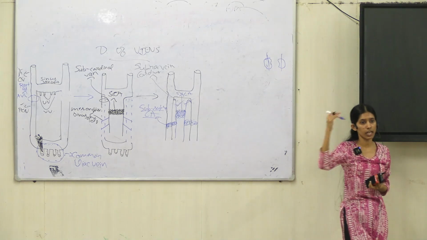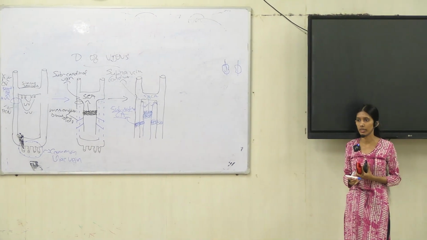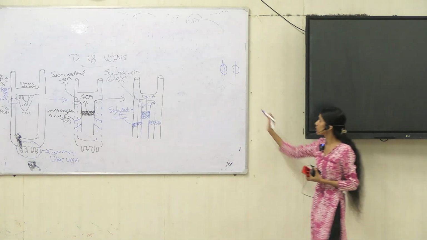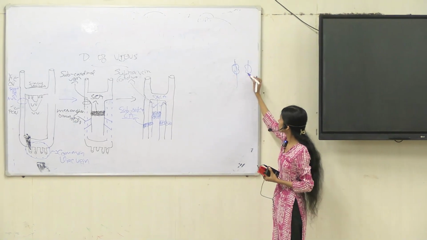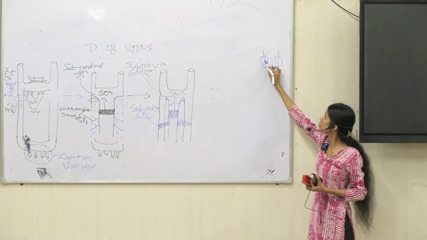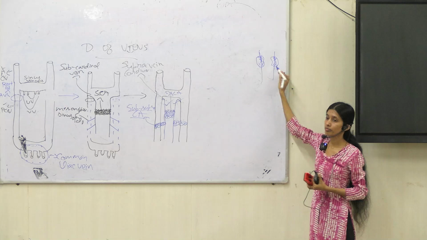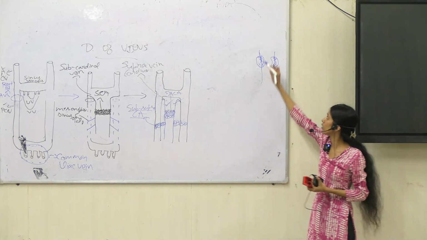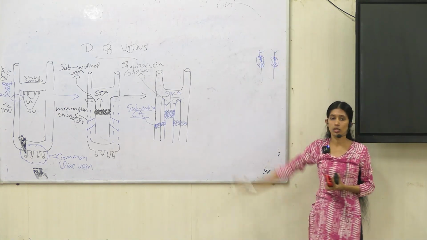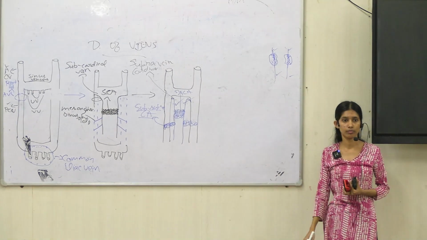Okay, so now the continuity of your supracardinal vein will be disturbed by the development of the kidney. So this part, whatever is passing in the kidney's part, will degenerate. We are only left with the upper part. This is called cranial part, and this one is called caudal part.